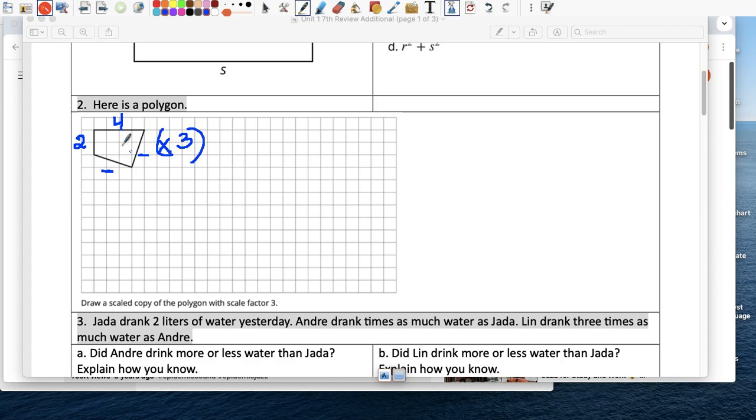So 2 times 3 is 6, so that height there, that's 2, is now 6. So 1, 2, 3, 4, 5, 6. This one, 1, 2, 3, 4, so now it's 4 times 3, which becomes 12. So 2, 4, 6, 8, 10, 12.